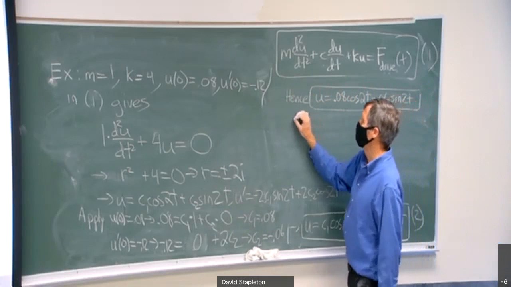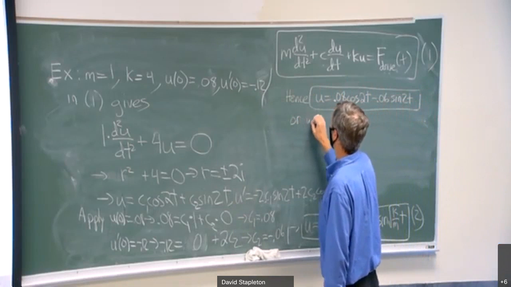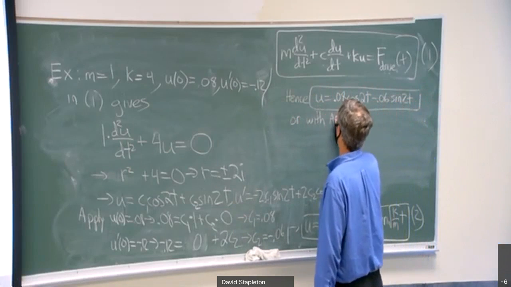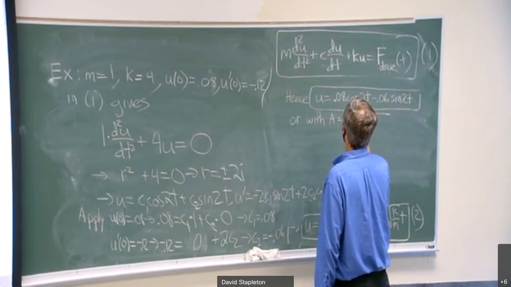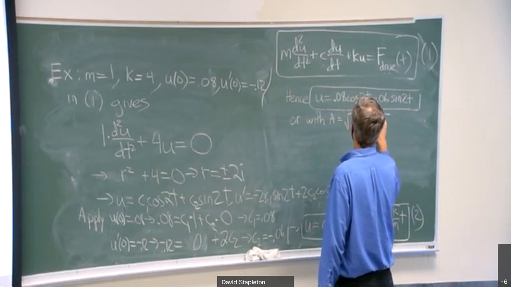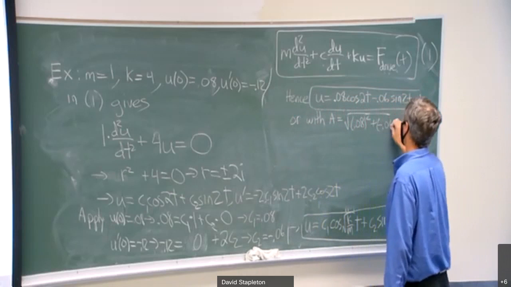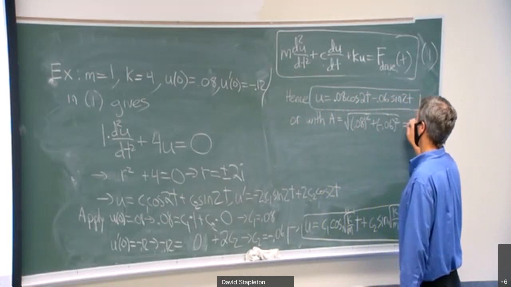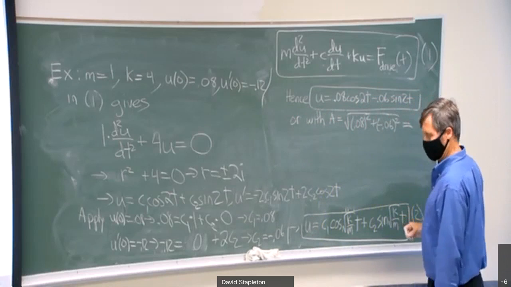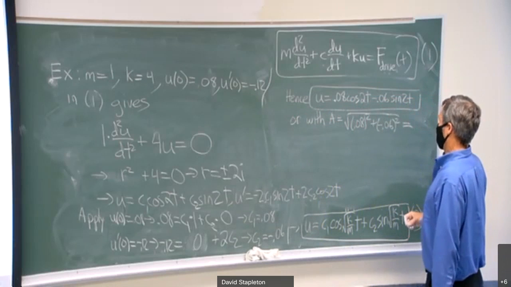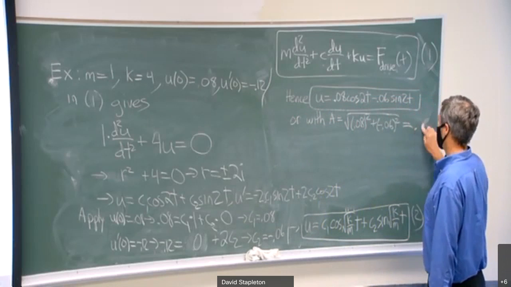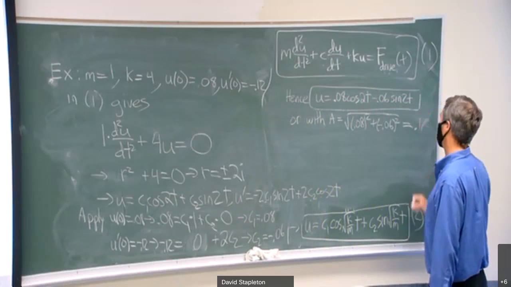More suggestively, if you take A, the amplitude, equal to the root sum square of those coefficients, square root of 0.08 squared plus minus 0.06 squared, you get 0.1.